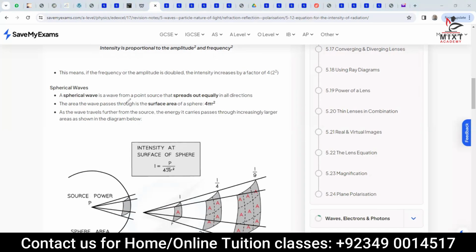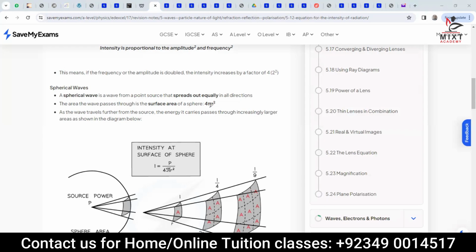So a spherical wave is a wave from a point source that spreads out equally in all directions, right? The area the wave passes through is the surface area of a sphere, that is 4 pi r square.